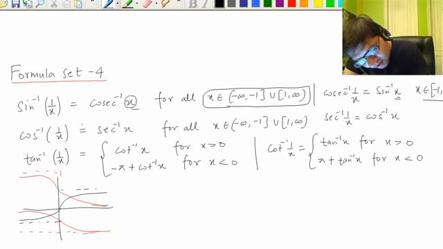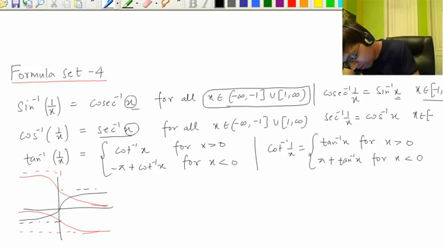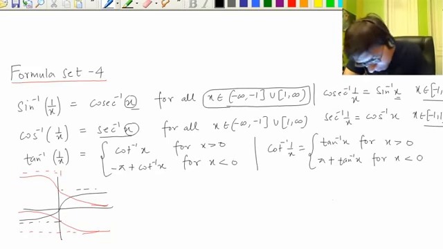Cos inverse 1 by x is sec inverse x, again for all x outside. The domain we see from this, and vice versa is also true, but the domain is from minus 1 to 1. And what about the values outside? Not possible. Cosec inverse is not possible if you say x is 2, 3, 4. So no formula outside.